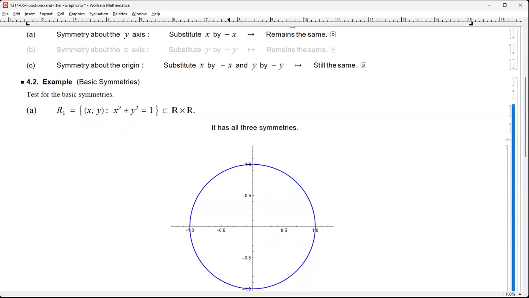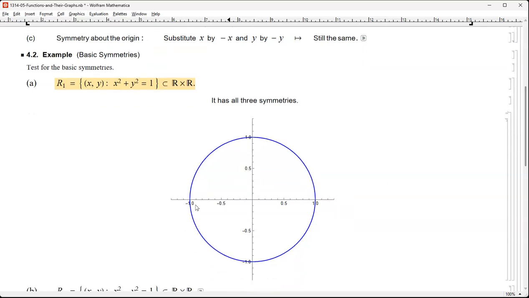Replacing x by negative x, then y by negative y, and finally both of them, in any case the negatives are going to disappear because negative to the second power goes away anyway. So after simplification, it'll remain the same. So it has all three symmetries, and you can see in this picture, symmetric in every direction.